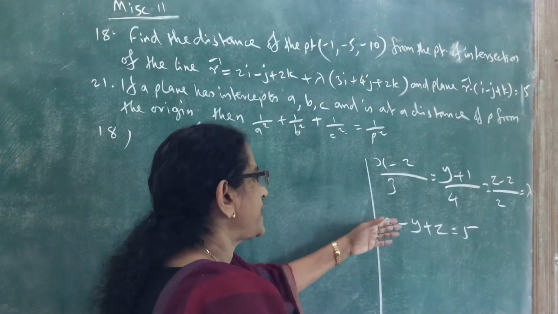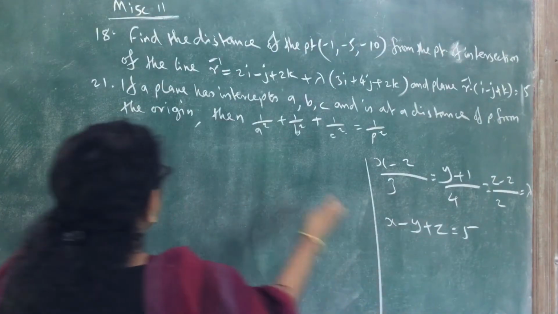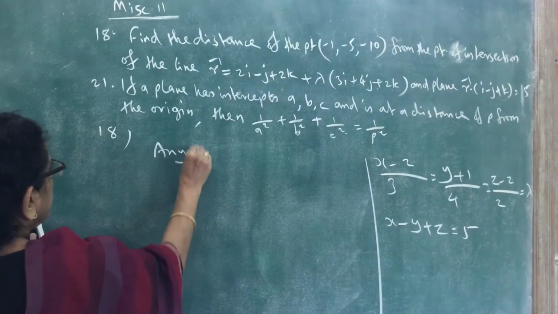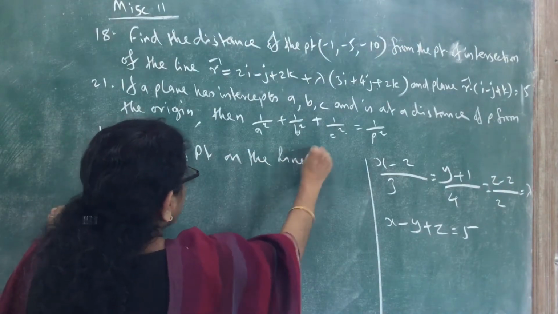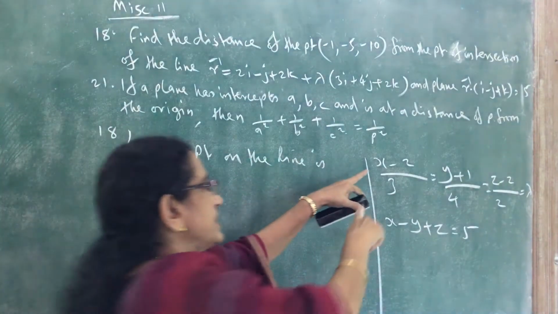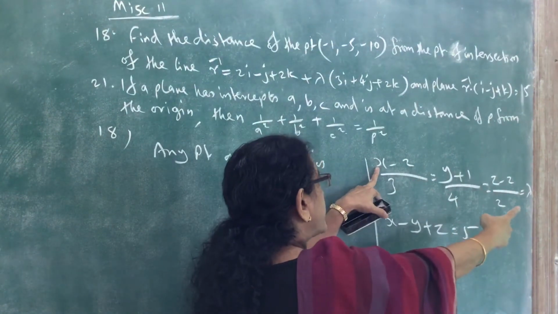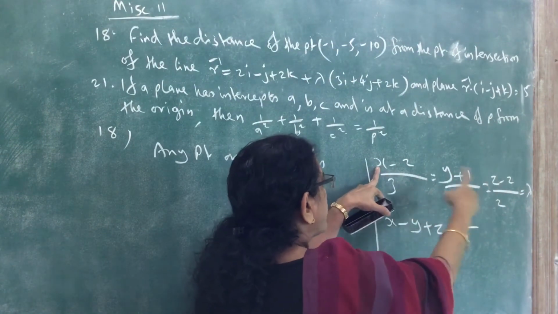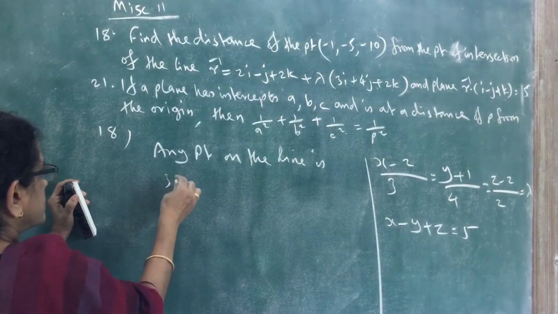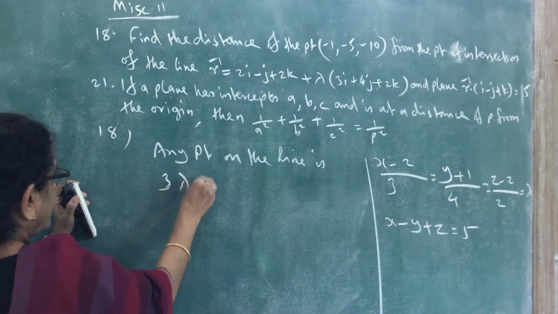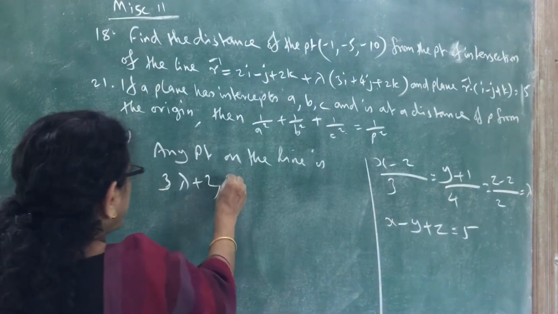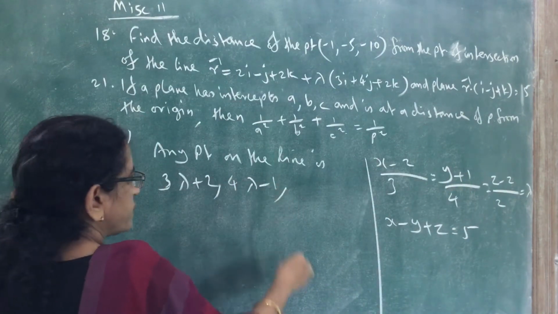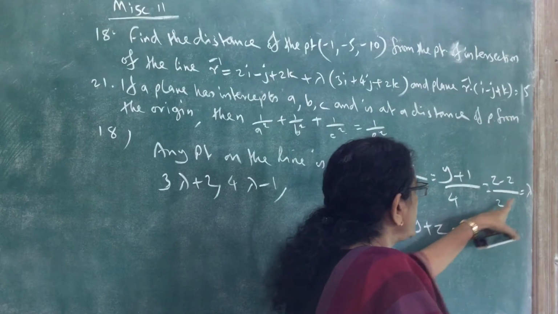So this is the line and plane. Any point on the line is of the form: from (x minus 2)/3 equals lambda, the x coordinate is 3 lambda plus 2, the y coordinate is 4 lambda minus 1, then the z coordinate is 2 lambda plus 2.